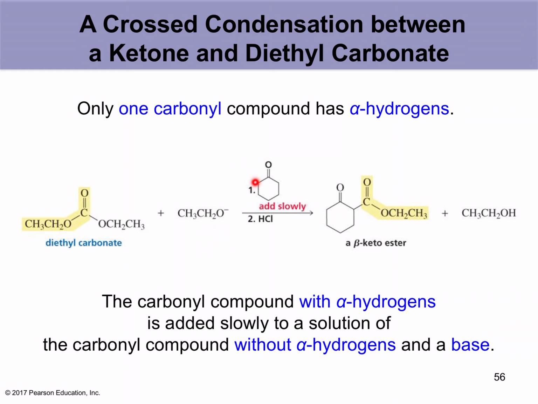Adding slowly, you form the carbanion either here or here, and then once the anion forms, it's going to form a bond with this carbonyl carbon, and one of these groups would be lost. So then you end up with a beta keto ester, because only one group is lost. The carbonyl compound with alpha hydrogens is added slowly to a solution of the carbonyl compound without alpha hydrogens and a base.